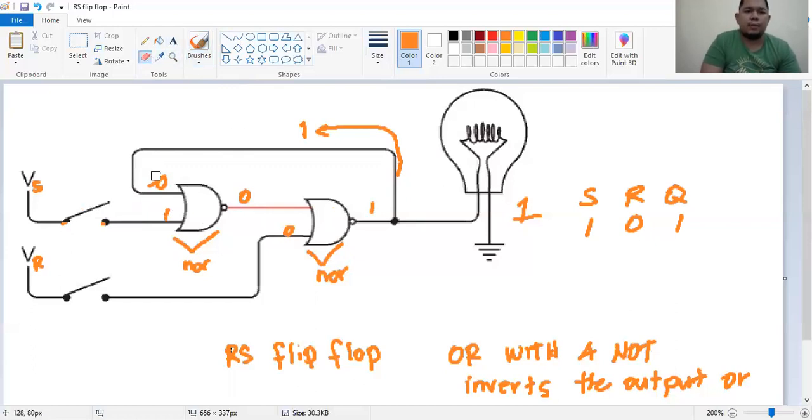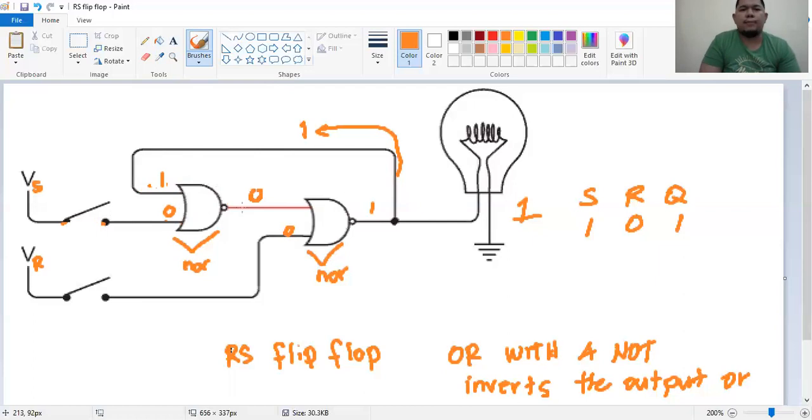So let's remove this first. What remains is that we have an output of 1. So what happens is, since this becomes 0 and the output is still 1, we retain 1. 1 or 0 is still 1.